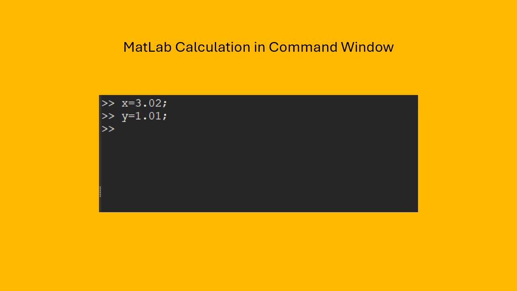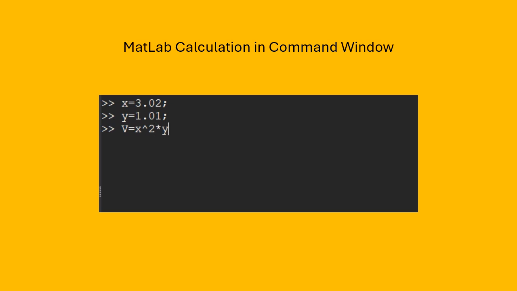The semicolons suppress the echoing of those commands when the evaluation is done. Now we'll calculate the volume. V equals x squared times y.